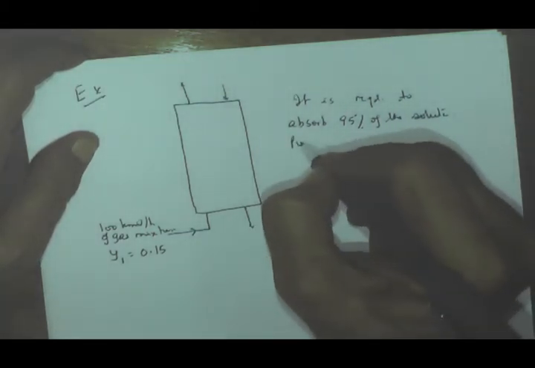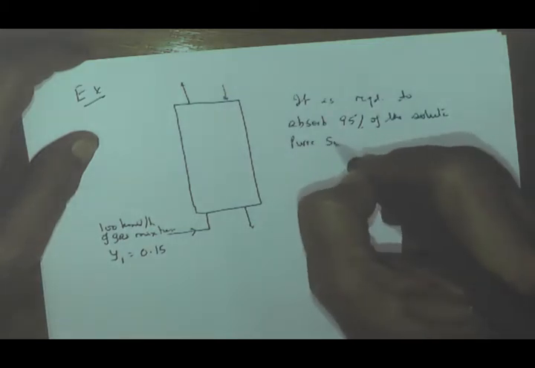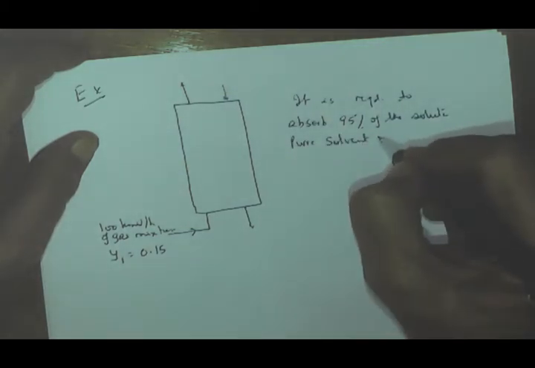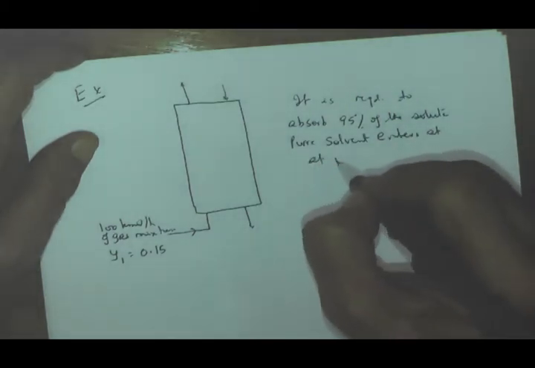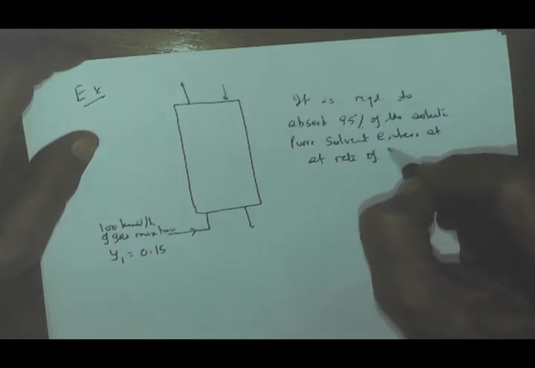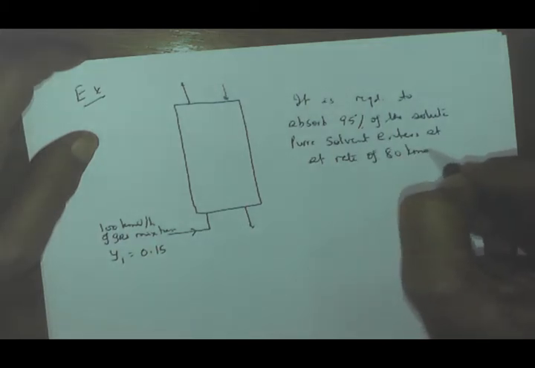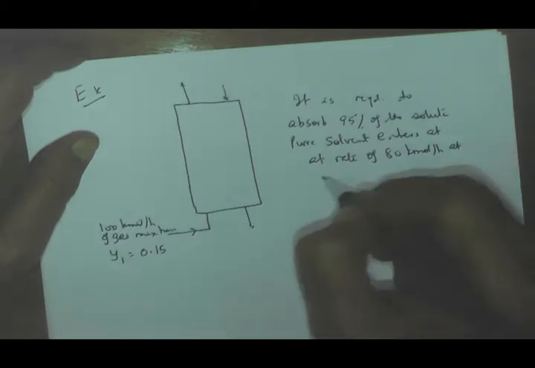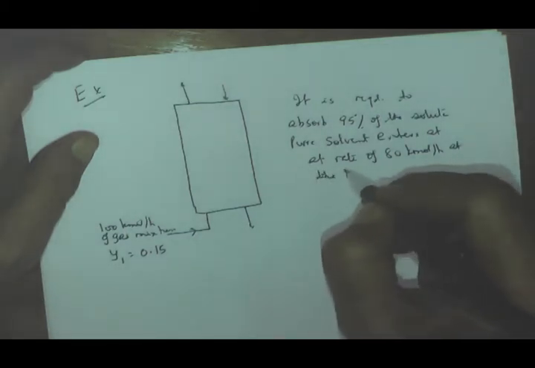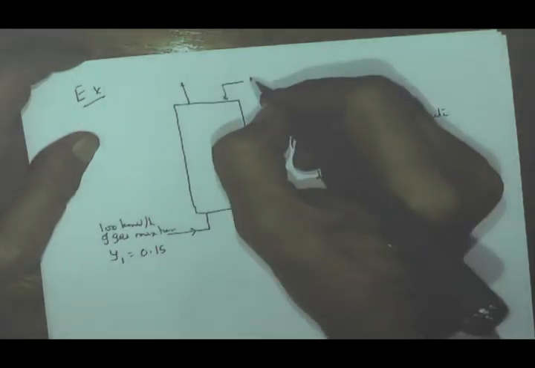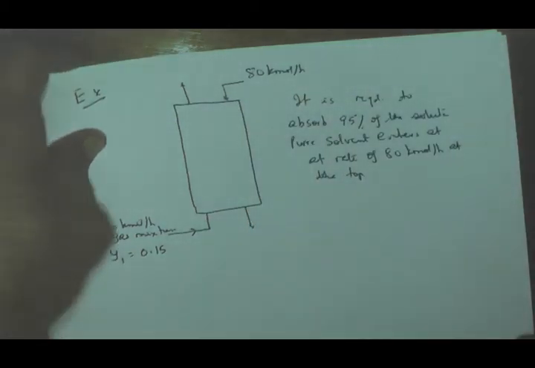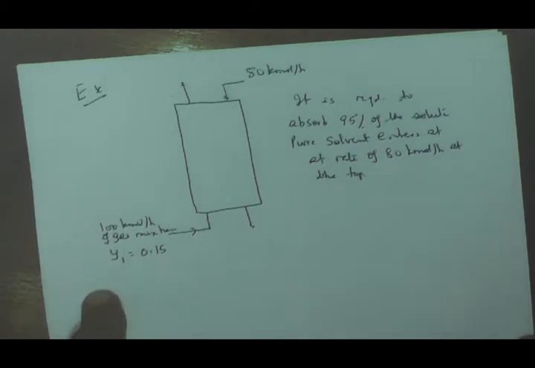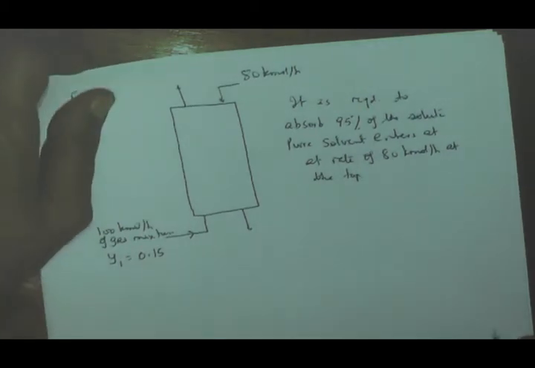Pure solvent enters at a rate of 80 kilomoles per hour at the top, so this is coming at 80 kilomoles per hour, and pure solvent essentially means that there is no A in that. So basically you are given that x2 is 0.